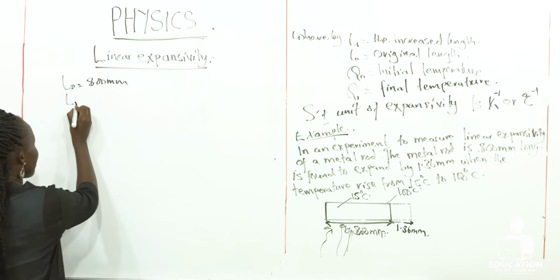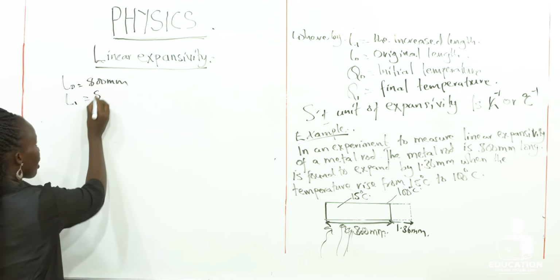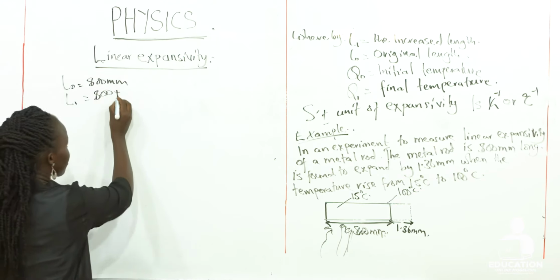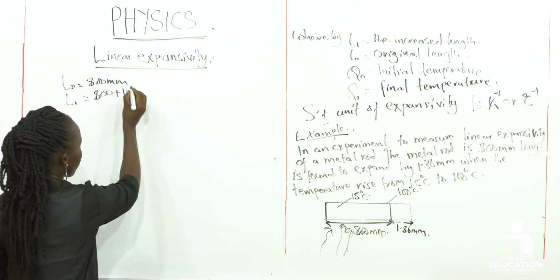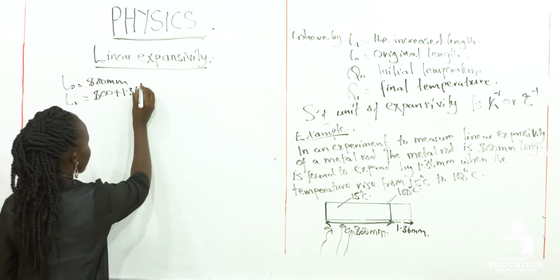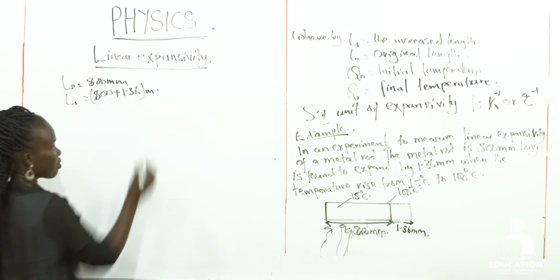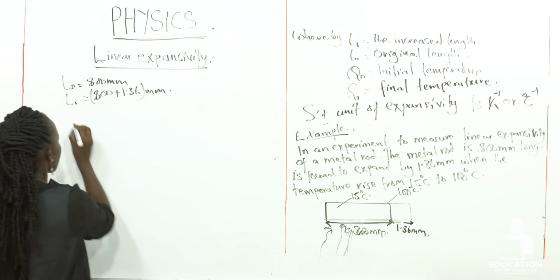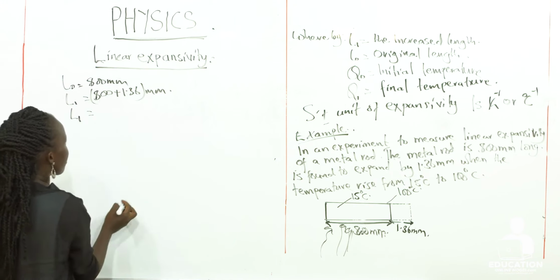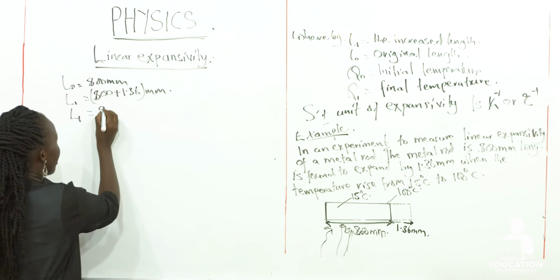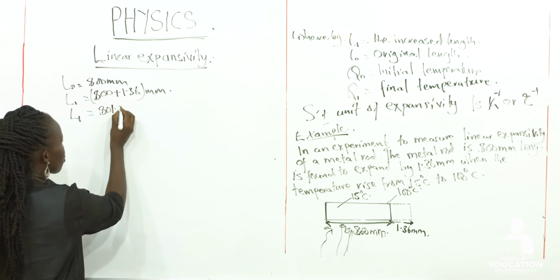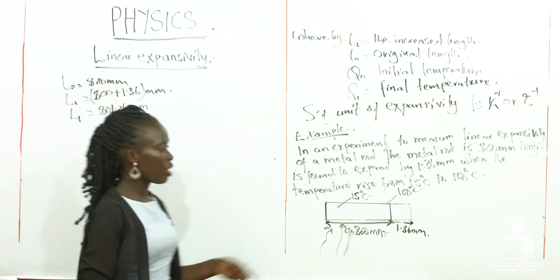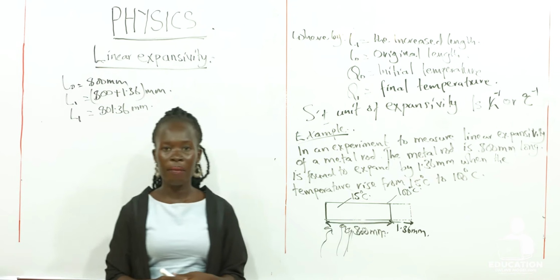That will give us L1, which will be 800 plus 1.36 millimeters. So if you add the two, you'll have 801.36 millimeters as the final length gained by the metal rod.